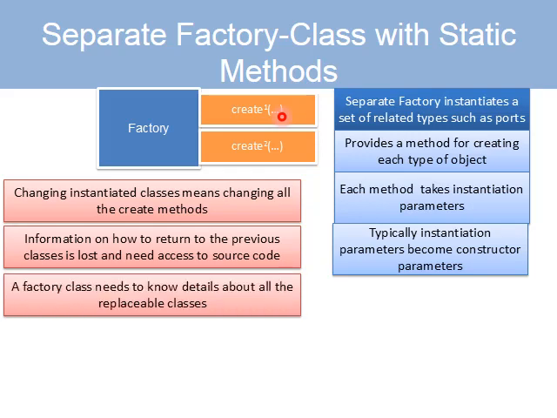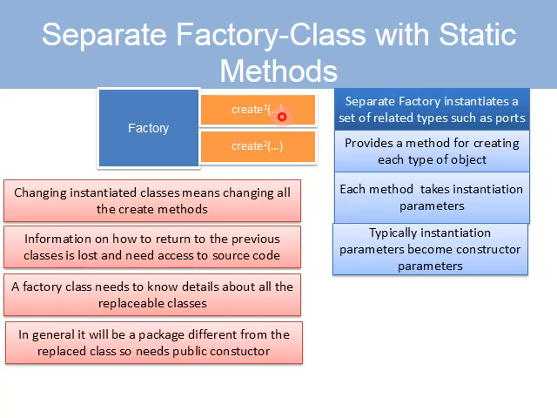A factory class needs to know details about all the replaceable classes. Unlike the previous solution where the factory method was bound to the class, so I don't have to know about all the possible classes, and I don't have to know all the constructor parameters I need to pass. And you will need a public constructor now, because this factory class needs access to all the other classes.